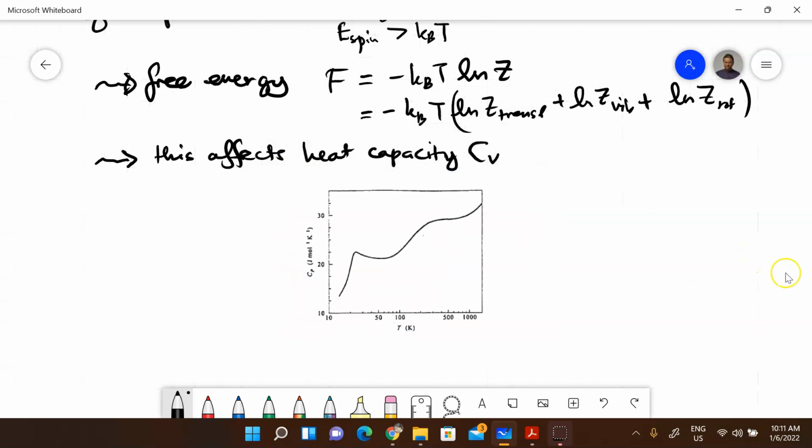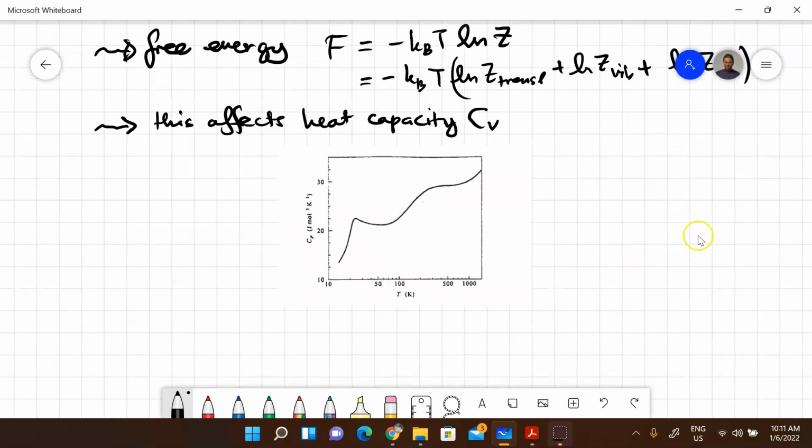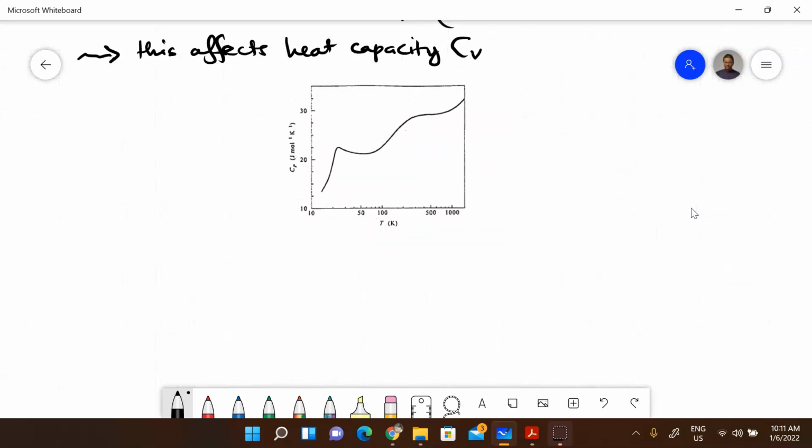The explanation is in the book. So at low temperatures, you have a decay kind of thing: essentially your CV decreases exponentially at low temperatures.